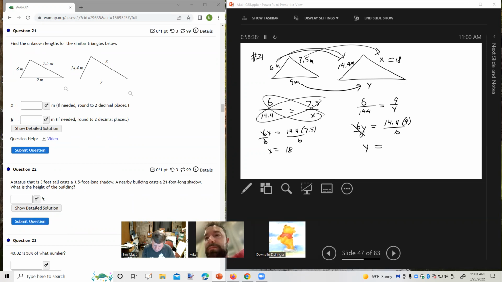Y equals 14.4 times 9 divided by 6 and we get 21.6. This is rounded to 2 decimal places if necessary. So here we've just got 18, and here we've got 21.6.